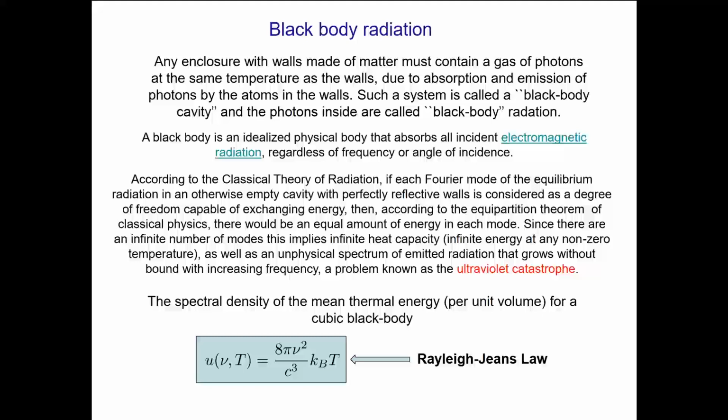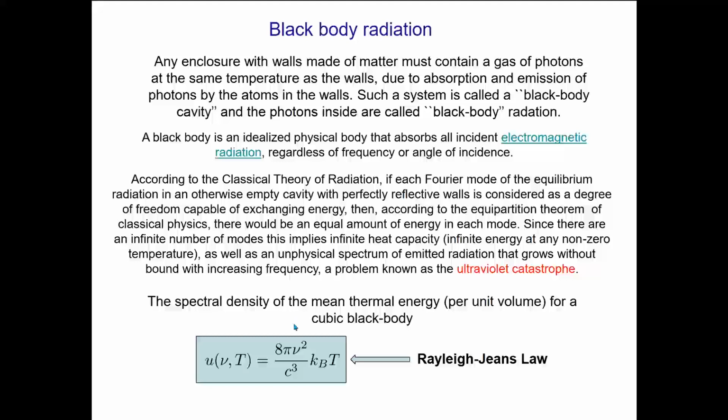That would imply immediately an infinite heat capacity, and a non-physical spectrum of emitted radiation that grows without bound with increasing frequency. And this problem in classical physics is known as the ultraviolet catastrophe. Basically, frequencies of photons can grow without limit, and if you associate with each mode the energy kT, then the energy would be infinite.